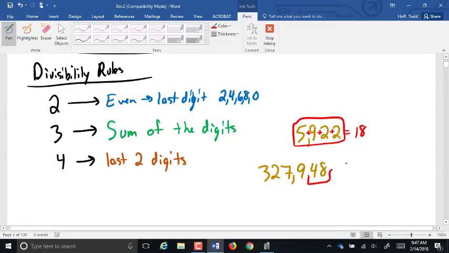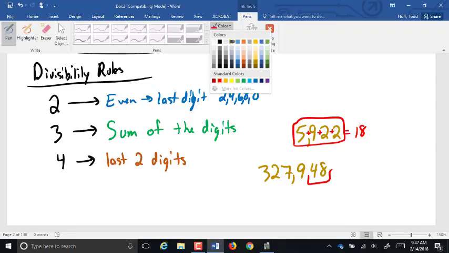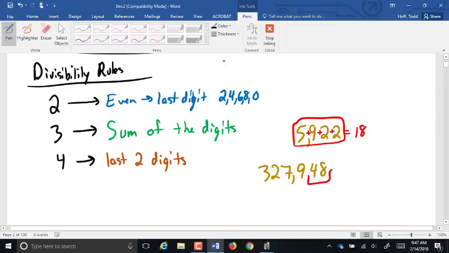Is 48 divisible by 4? Yeah, so if that were 48, 52, 56, anything that's divisible by 4 in the last 2 digits, the whole thing has to be divisible by 4. That one's not horribly useful because not too many of you have your multiples of 4 memorized up to 100, which is what that actually technically needs, 96, but still.